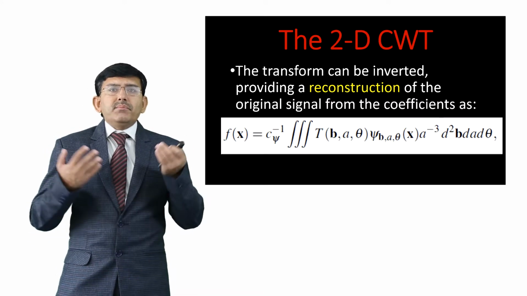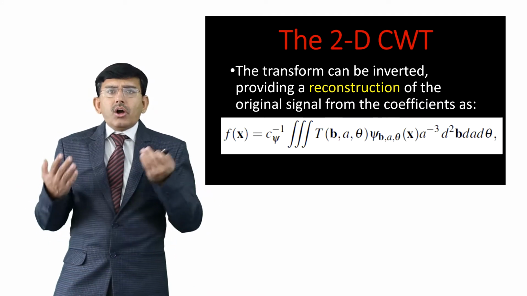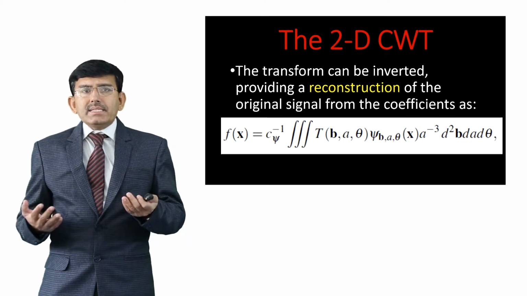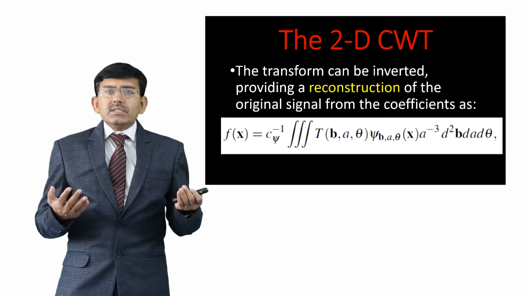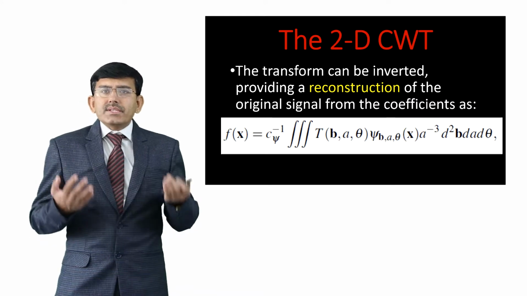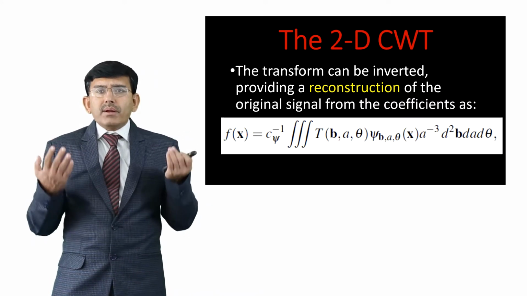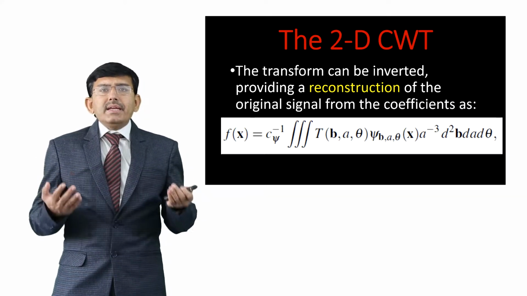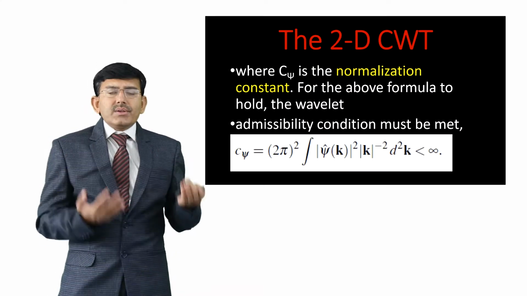The transform can be inverted, providing a reconstruction of the original signal from the coefficients as f(x) = c_ψ⁻¹ ∫ T_ψ(b, a, θ) ψ_baθ(x) a⁻³ d²b da dθ, where c_ψ is the normalization constant.